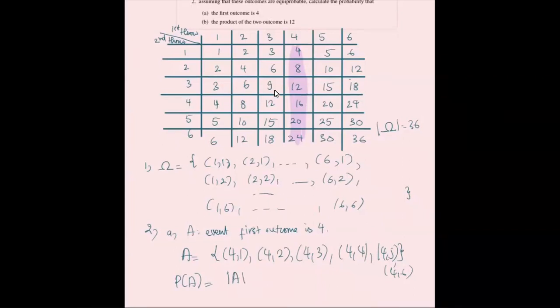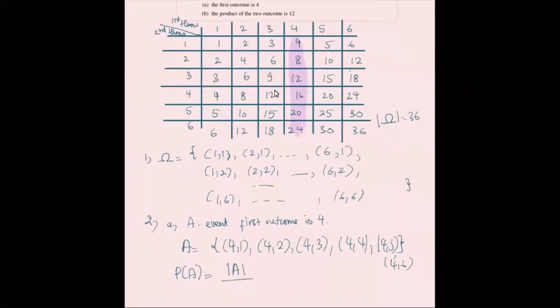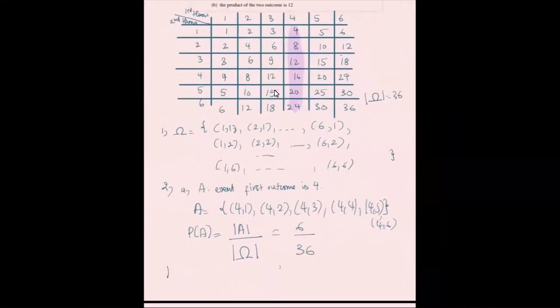And since it is an equiprobable event, probability of A is equal to the number of elements in A divided by the number of elements in the sample space. And how many elements are there in A? 1, 2, 3, 4, 5, 6. And then the sample space has 36 elements. So that is the answer for part A.